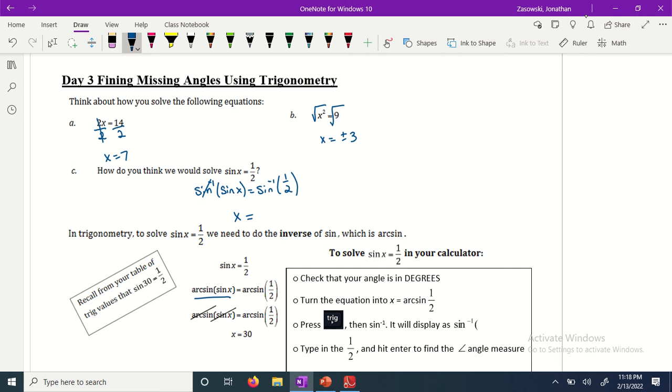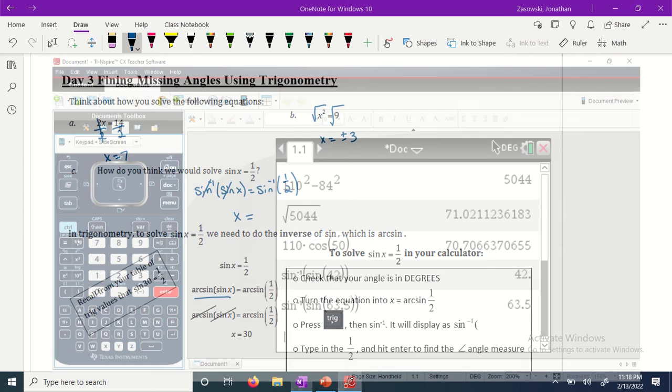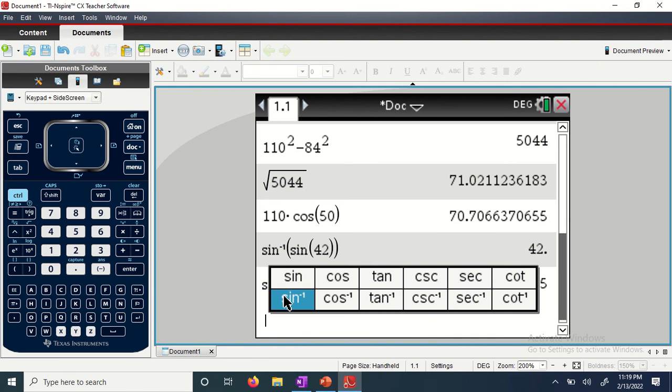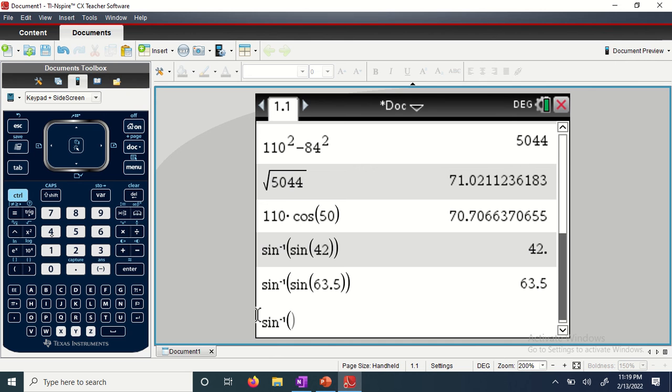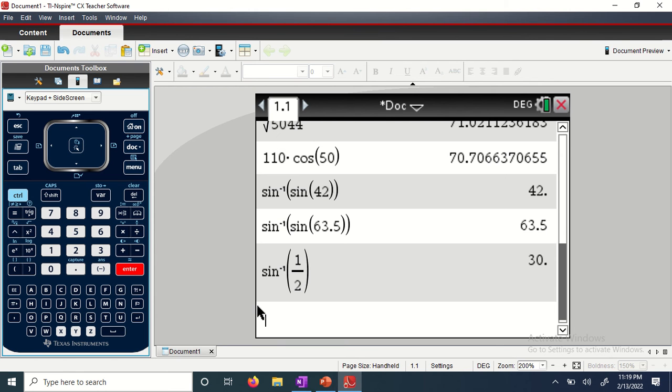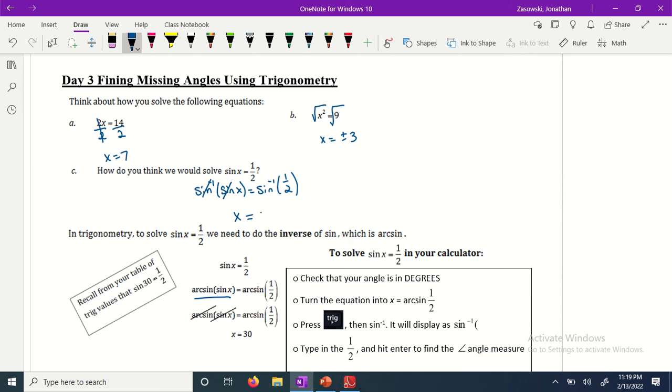So remember the sine and sine inverse cancel each other out. Then we take our calculator, press trig, sine inverse, and type in our 1/2. What angle makes sides with a ratio of 1/2 in a right triangle? 30 degrees. So this is just 30 degrees for our angle measure.